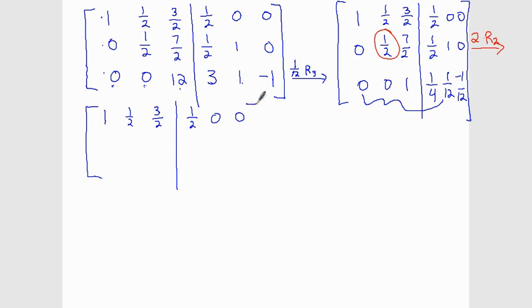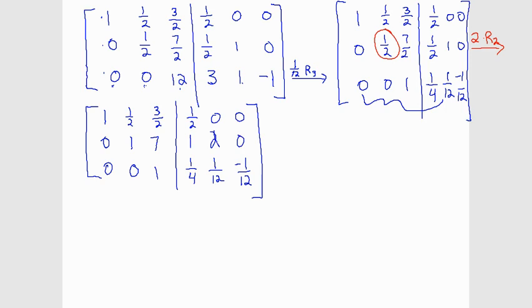And then I am writing 0, 0, 1, 1/4, 1/12, and negative 1/12. Okay, so 0 times 2 is 0, 1/2 times 2 is 1, and then 7/2 times 2 is 7. 1/2 times 2 again is 1, and then I get 2 here, and then I get 0 here.